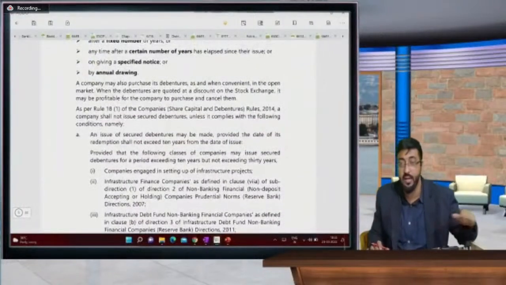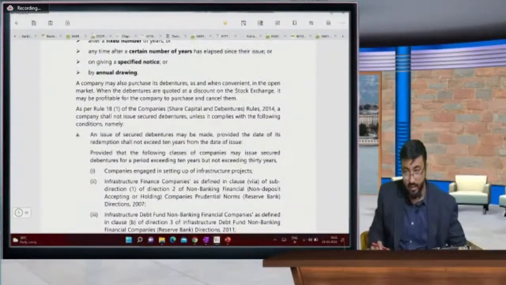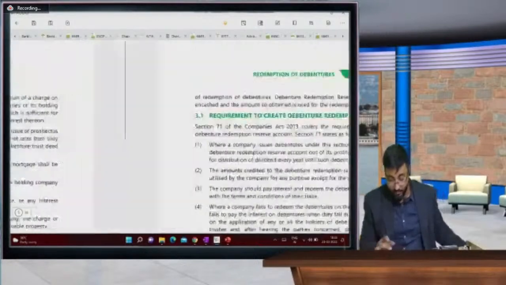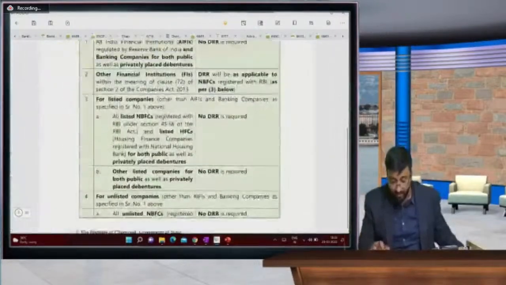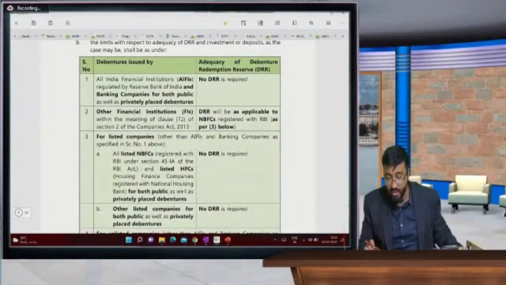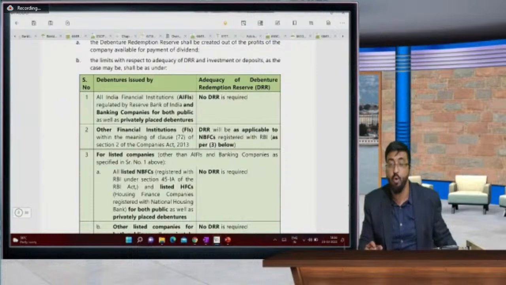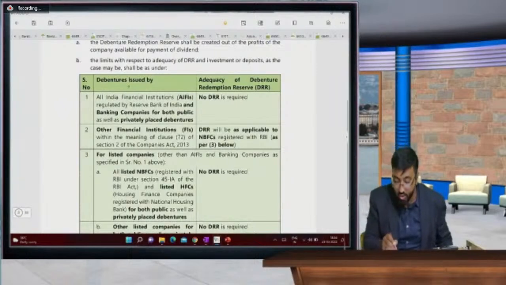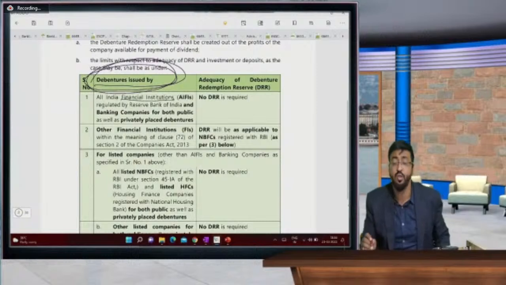See, when you are creating DRR, remember, you have to write this chart. All India financial institutions: no DRR. If debentures are issued by financial institutions, the logic is very simple. Their business is to give loans and take deposits, so why would they create DRR?